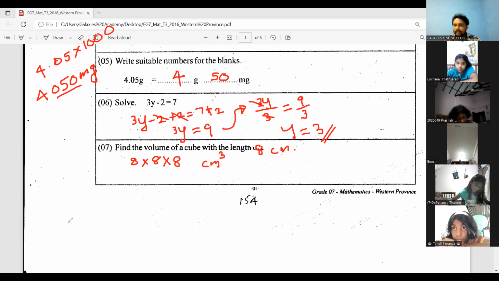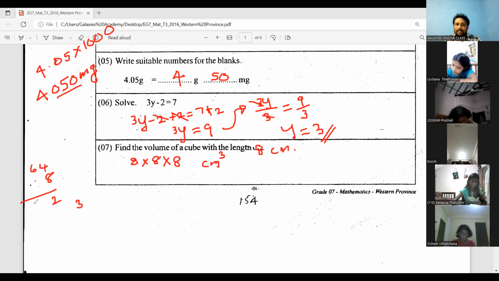Unit is cubic centimeter. 8 times 8, 64. 64 times 8, 32 remaining 3, 48 plus 3, 51. So the final answer is 512 cubic centimeters.